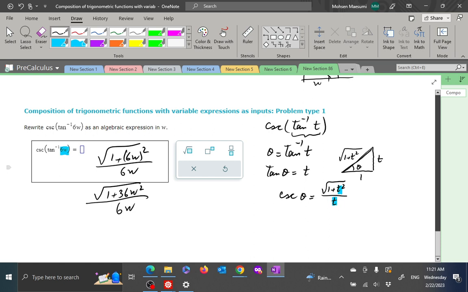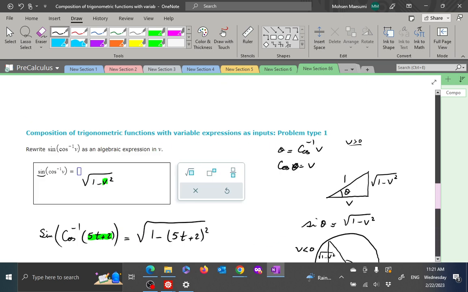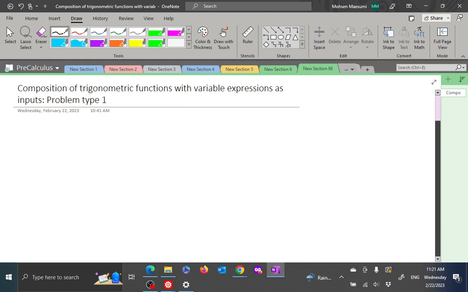Okay, so we had several of these problems. If you want to summarize, we have looked at 3 inverse trig functions. There are really 6 of them, but we just focus on 3. And then we can make a table.